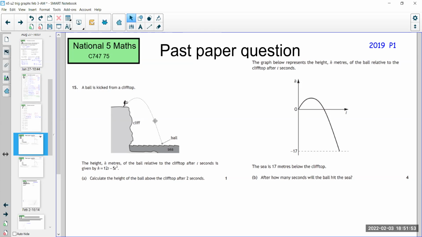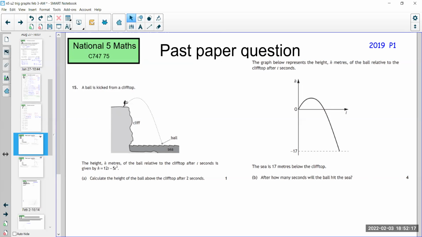That's the question they had. The height in meters is represented by h. This is y or f of x. This time, instead of x, they've used t, so it's f of t.